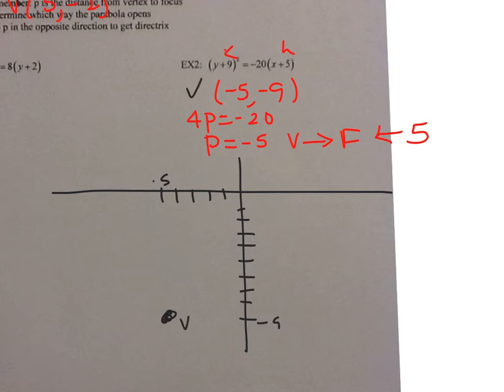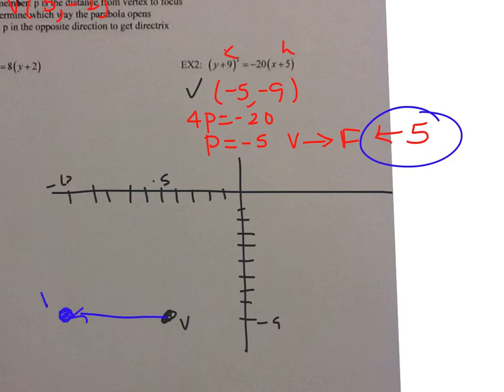My focus now is going to be to the left 5, which puts me at negative 10. So that's my focus. And then to the right 5 would give me my directrix, right there. This is concave to the left, so it'll be like that. Remember, it's hugging the focus.